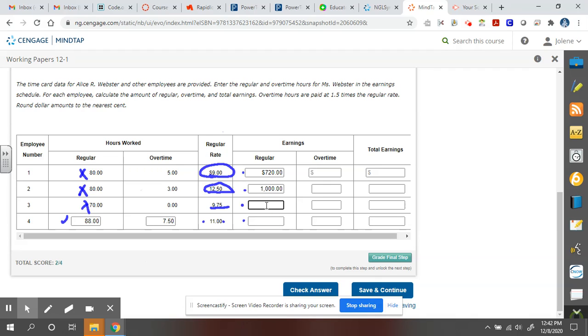Employee number 3 had 70 hours at $9.75. That's $682.50. We're talking about dollars here. Okay, so we've just taken their hours times their rate and found out how much they get paid for their regular hours. Now, Alice had 88 hours times $11. So that I got $968.